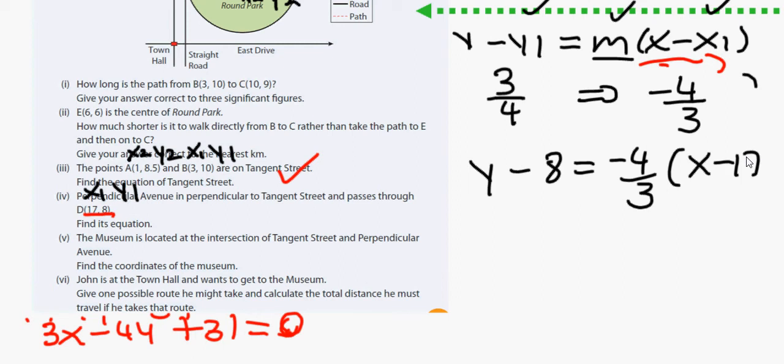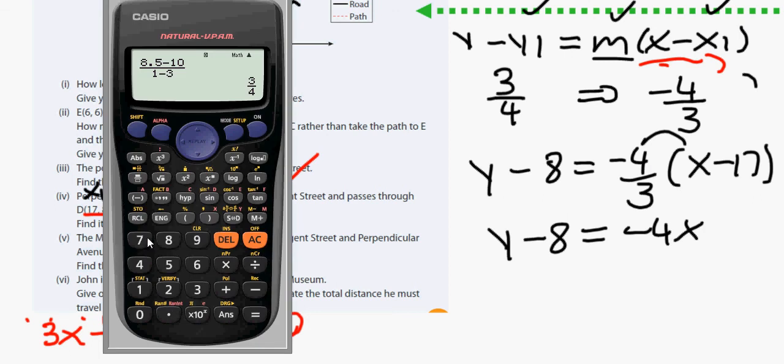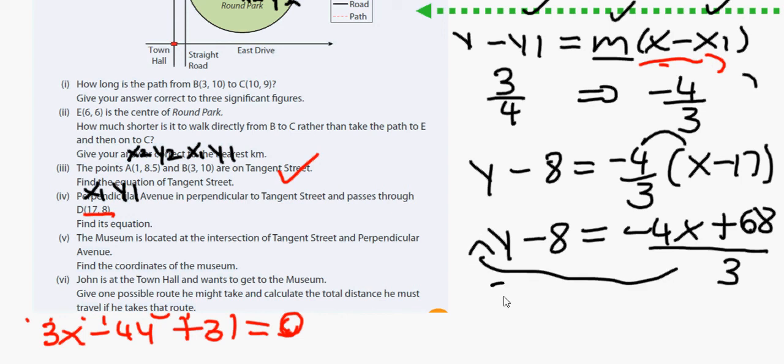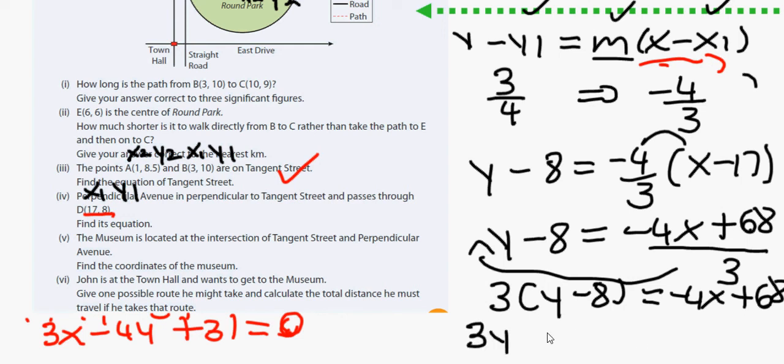And now we can multiply them out. What we get is y minus 8 equals -4 by x is -4x, -4 by -17 equals plus 68, and that's all divided by 3. Now, like the last time, we can cross multiply the 3 up, so we get 3 into y minus 8 equals -4x plus 68. Then multiply that out, and we get 3y minus 24.